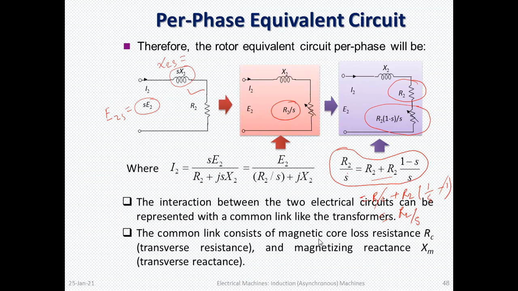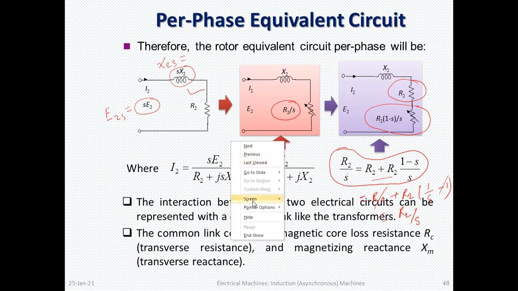The common link consists of the magnetic core resistance RC, a transverse resistance, and the magnetizing reactance XM, a transverse reactance. These two parts we have also studied in the transformer. RC is called the core loss resistance, and XM is called the magnetizing component.